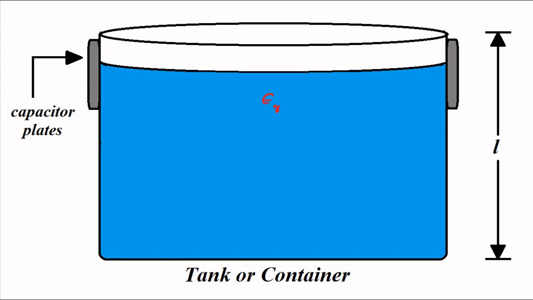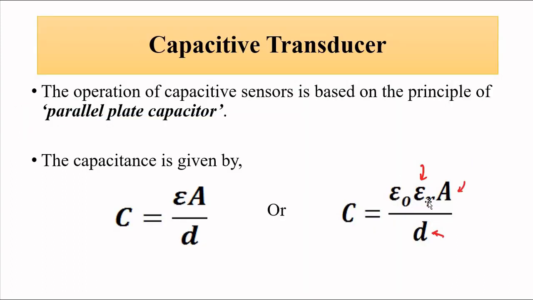So here this equation will come into play, epsilon 0 epsilon r A by t, whereas when it is filled with only air, it will be only epsilon 0 A by t. Permittivity of free space, because relative permittivity of free space is equal to 1. So, three ways in which capacitive sensors can be used to measure the level of the liquid.